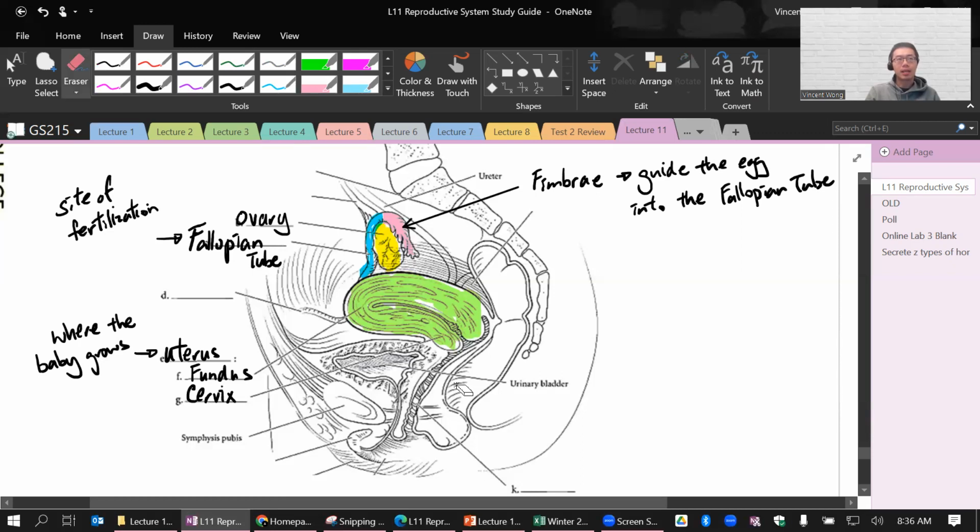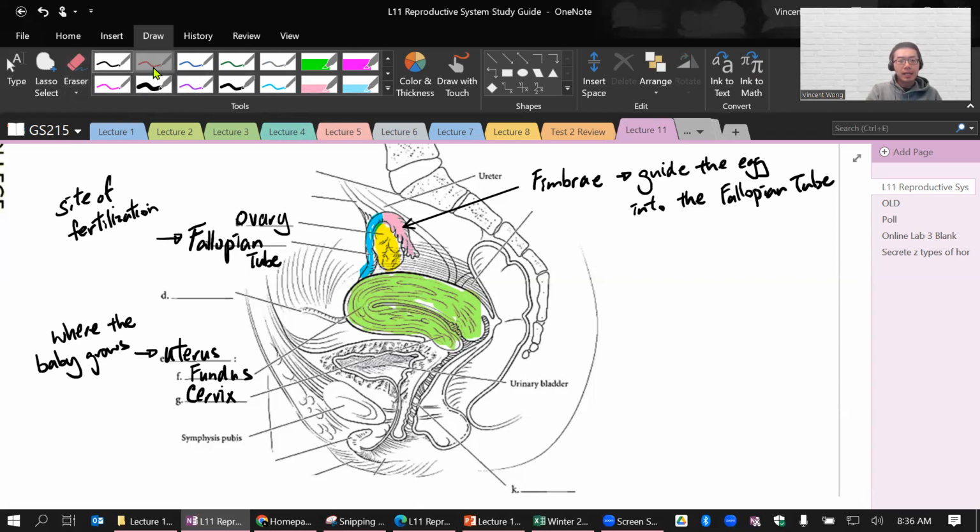So nothing goes in, nothing comes out as the baby is growing, right? You don't want things to go in there and potentially harm the baby, like bacteria and fungus and that kind of stuff, right? So everything is blocked out. And before birth, the mucus plug will come out, okay? And then the water will break, and then it's time to go to the hospital.